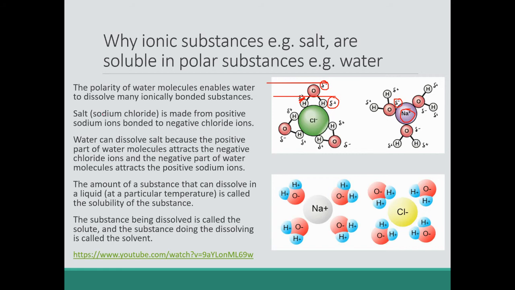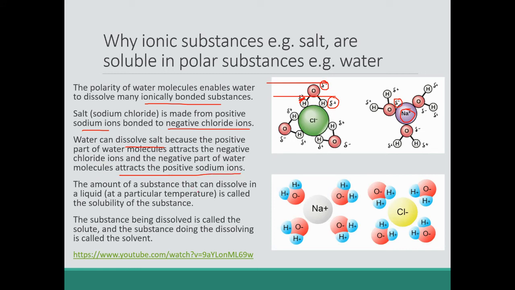So water is polar, so it enables water to dissolve many ionically bonded structures. Salt is made from positive sodium ions and negative chloride ions, as we've said before. So water can dissolve salt because the positive parts of the water molecules attract the negative chloride ions, and the negative part of the water molecules attract the positive sodium ions.